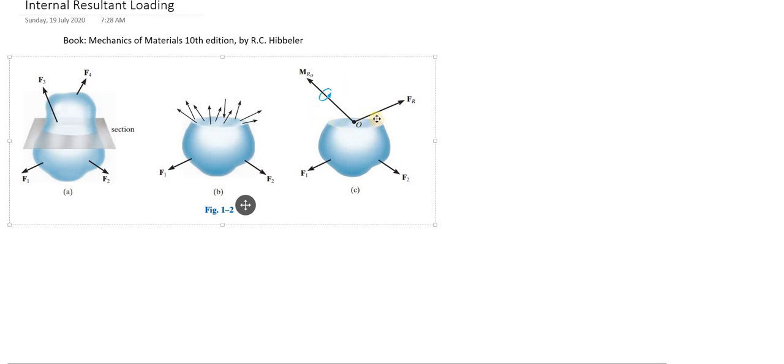In fact, these are the forces being provided by the upper segment of the body in order to keep this lower segment in equilibrium. So the internal loadings developed on this plane can be shown as one resultant force and one resultant moment.